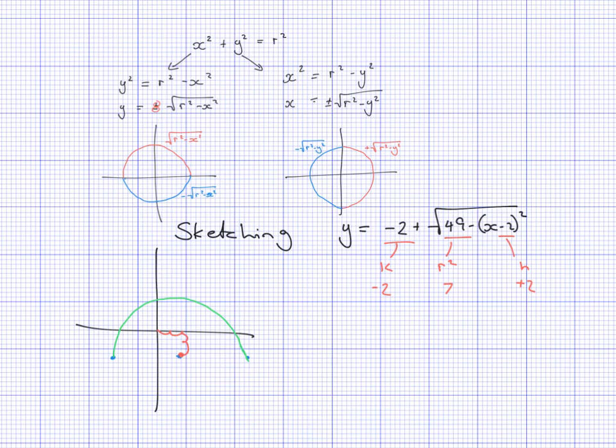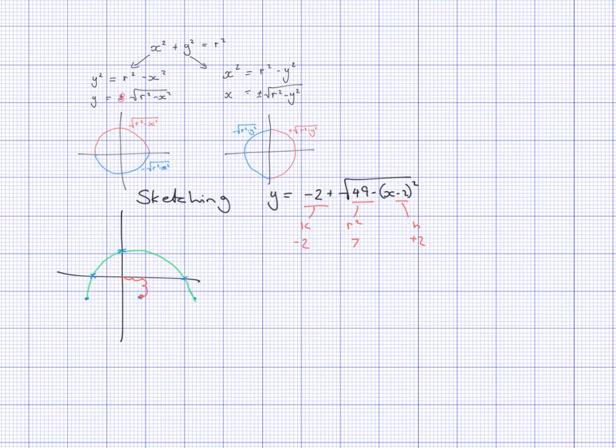Now the only other thing left to do is to identify any, if there are, x-intercepts and y-intercepts, and you can see there are some of both. So we're going to solve for where x equals 0 and for where y equals 0, and then label the graph. So first of all, where x equals 0, we'll just plug in 0 in place of x.